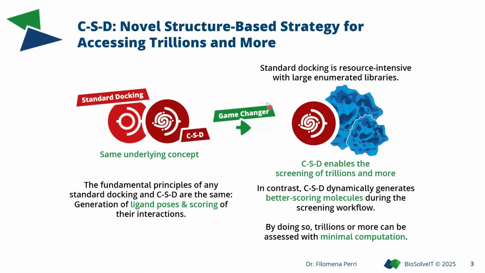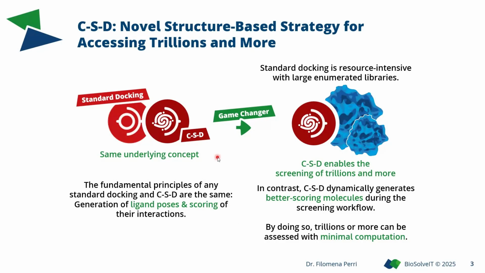Basically, the underlying concept, the basic principle of docking applies also to CSD. So what we're going to do is generate poses for ligands and score them within the binding pocket. In our platform, what we use for docking is our algorithm FlexX, and for the scoring, we have our award-winning desolvation-aware algorithm, which is called HYDE.